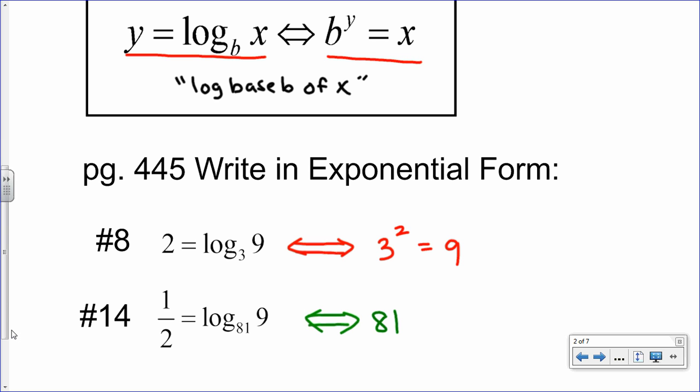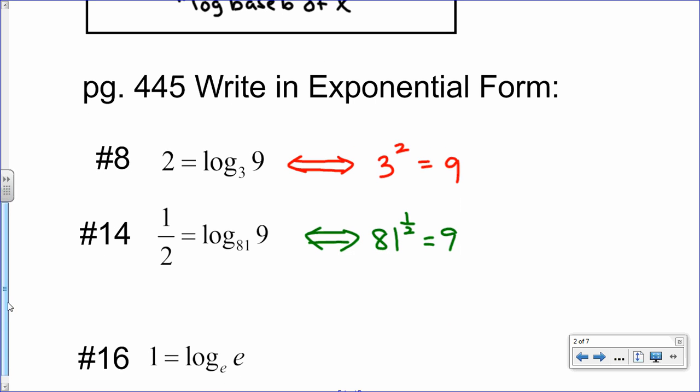The answer is 1/2, so that's the exponent. Remember, if your exponent has a fraction, the denominator is the root. So square root of 81 is 9. Okay, and one more, go ahead and do this one.